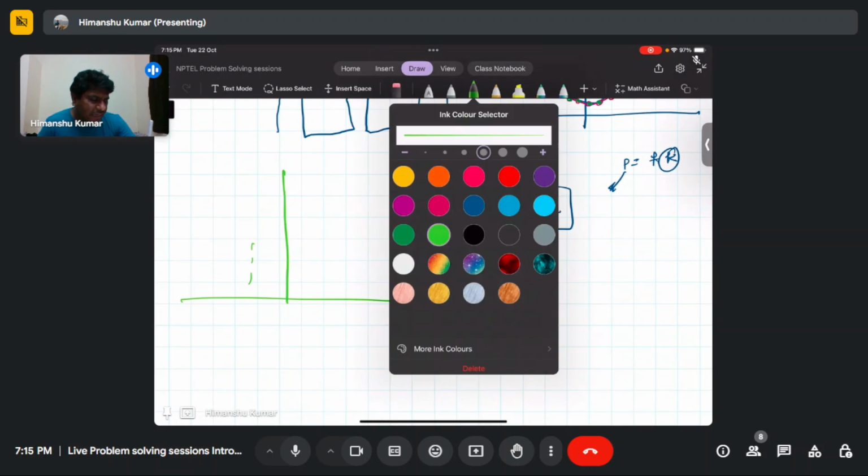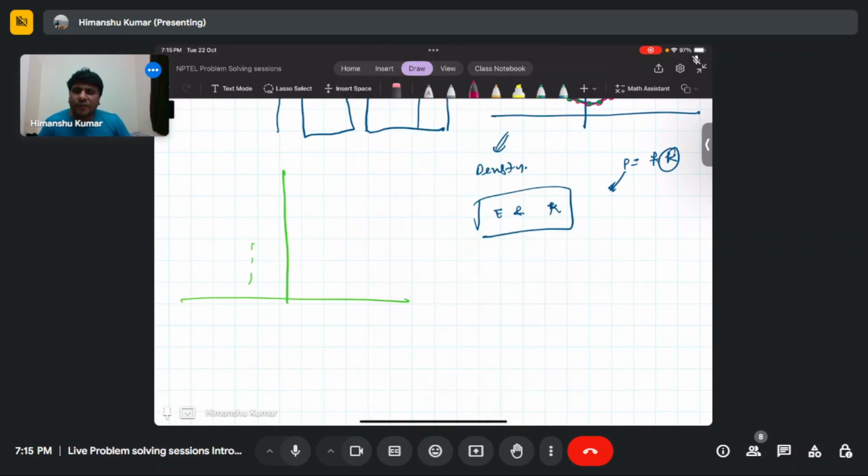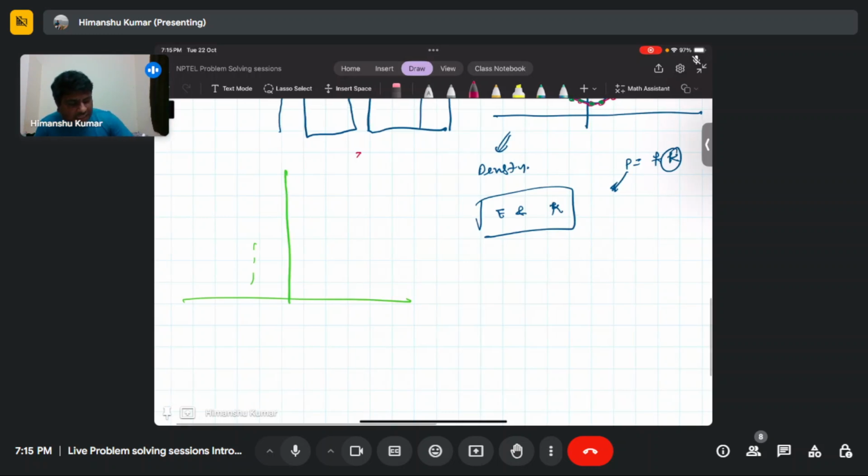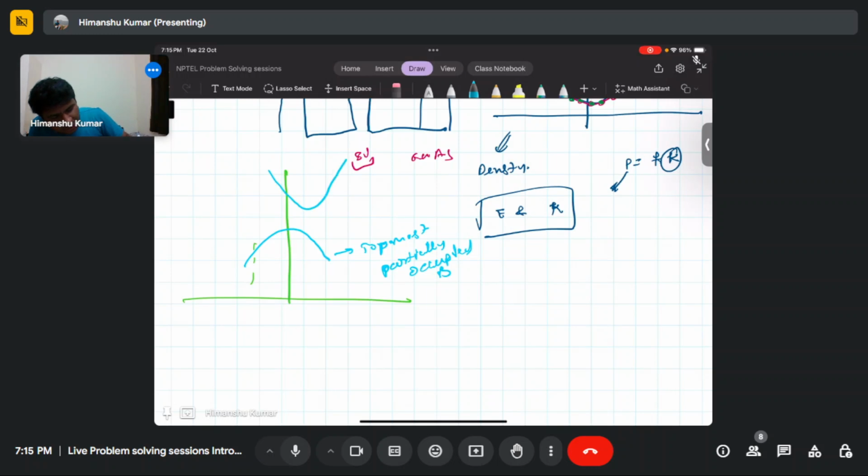Now for certain materials, if you solve this with density functional theory, for suppose silicon and gallium arsenide, you will find that for silicon, the topmost occupied band and the bottommost unoccupied band will not lie at the same k value. So suppose this is the bottommost, this is the topmost partially occupied band.